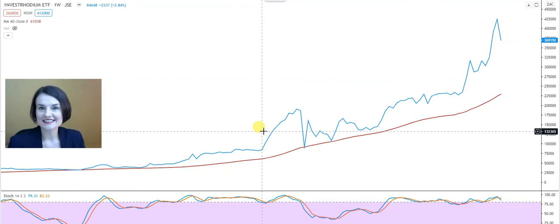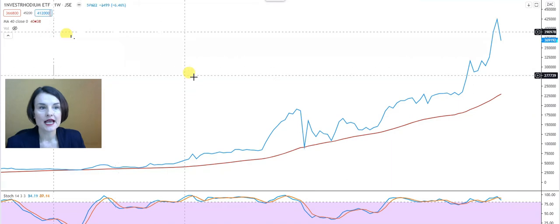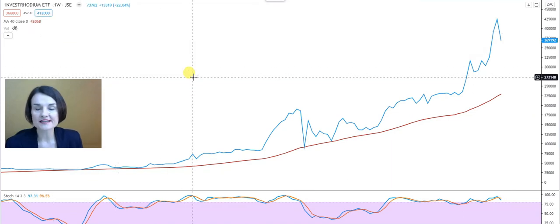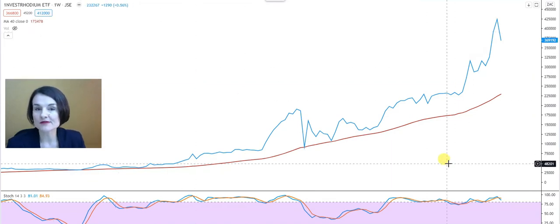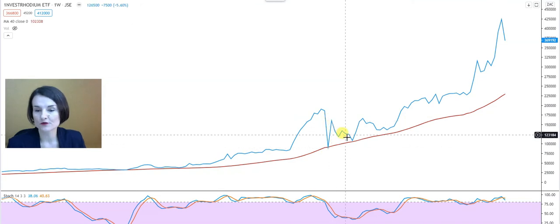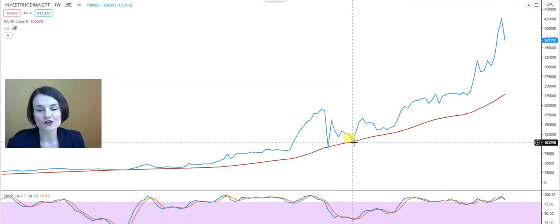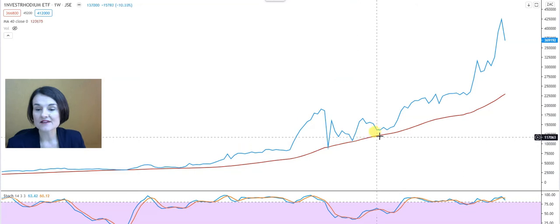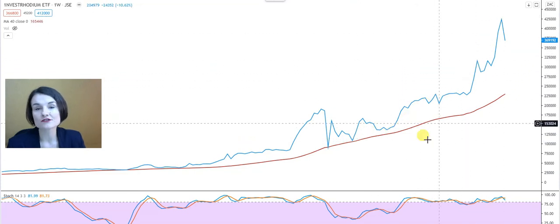Easy Lazy London on Twitter wanted us to look at the Rhodium ETF. And One Invest has got a Rhodium ETF, so I'm assuming it's this one. We can see that back on the 16th of March, the share tested the 40-week moving average, kept it as a support, pulled back, tested it again for the last time on the 4th of May, and ever since then have managed to just rise to higher levels.